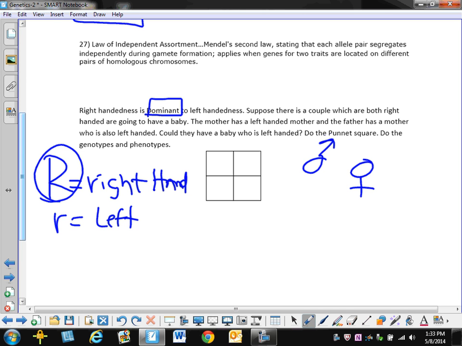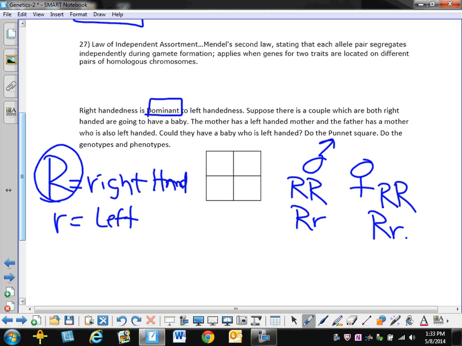Would this make this dad right-handed? Does it have a big R? Yeah. Then he's going to be right-handed. Okay, mom, would this make mom right-handed? Okay, so those are the combinations we can have.